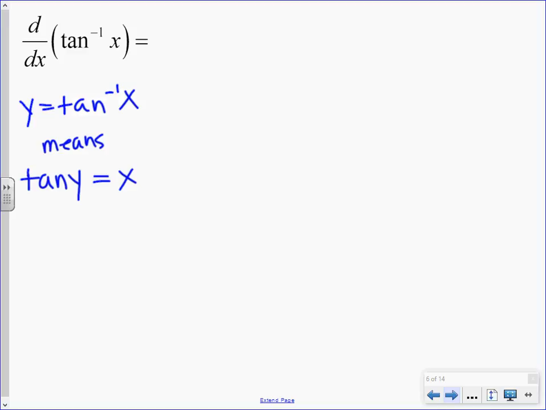Now, let's take the derivative of this with respect to x. What kind of function have we written here? Implicit, right? So what's the derivative of tangent of y?